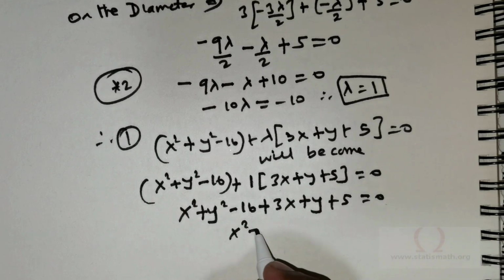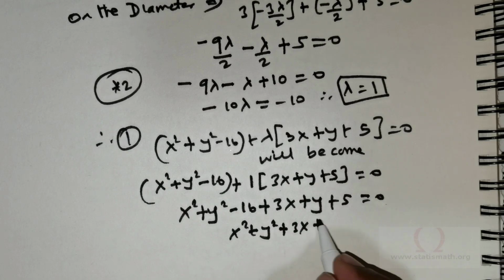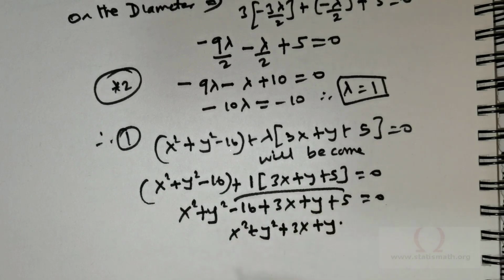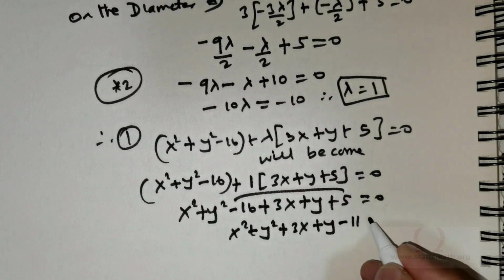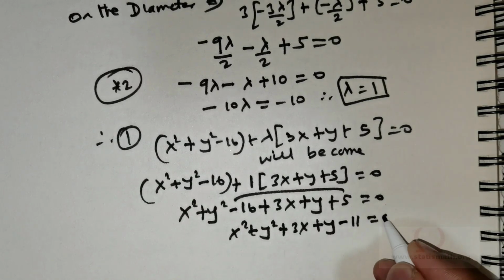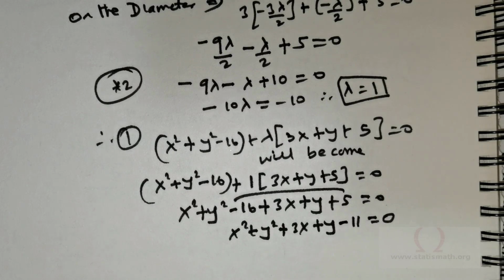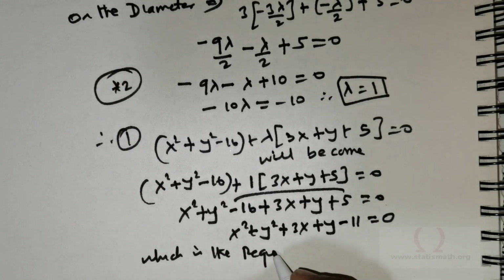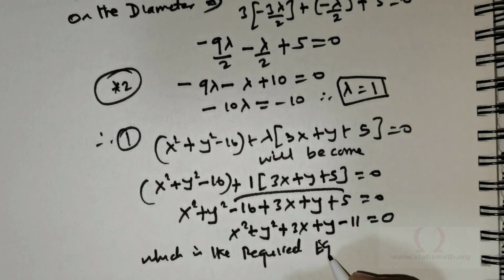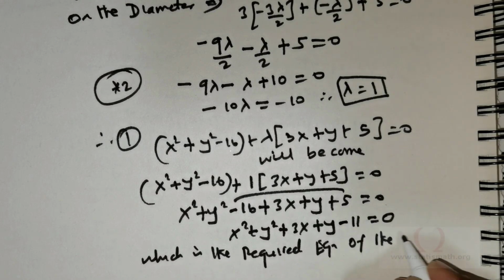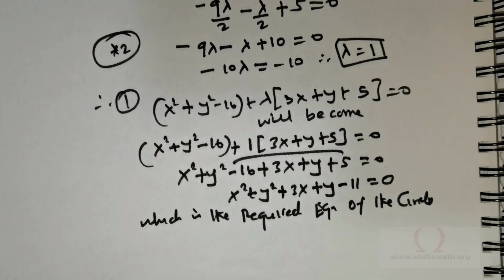I can rewrite this as x² + y² + 3x + y - 11 = 0. So this is the required equation of the circle. That completes the solution for this question.